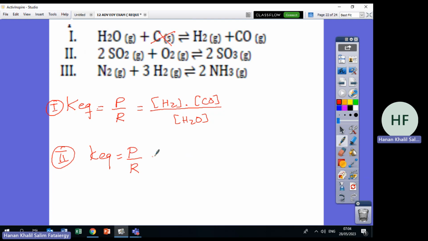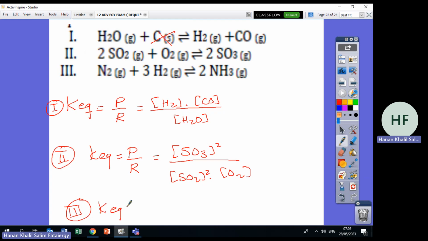Okay, so I will say products over reactants, SO3 square over SO2 square times O2. Okay, for the third it's the same thing. Nobody will be cancelled because all of them are gases. So products over reactants. Okay, the products are NH3 square over N2 times H2 power 3.